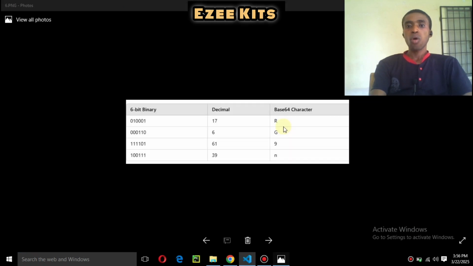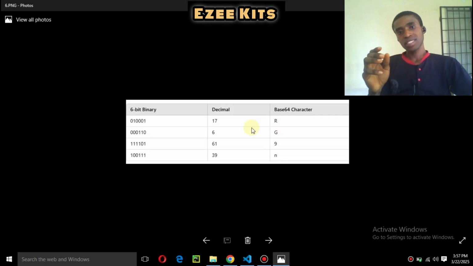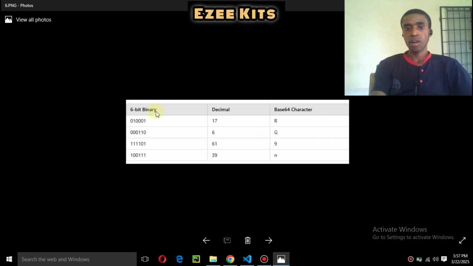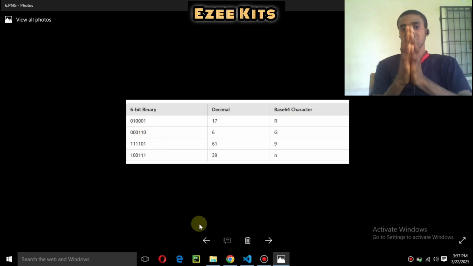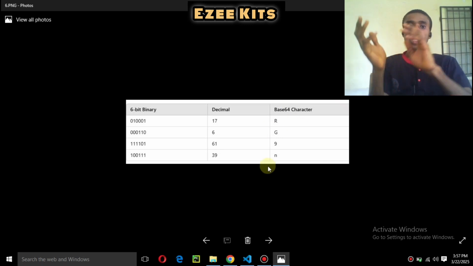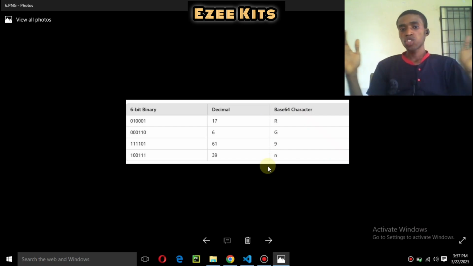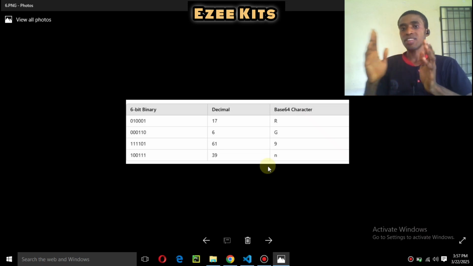What we actually did here was from the left side to the right side, from binary to decimal to character, and before binary, we merged them together. But to decode is just the opposite. We are going to start from our Base64, which is our RG9N. I'm going to move to decimal, I'm going to move to binary. Then I'm going to mix everything and chop everything up.